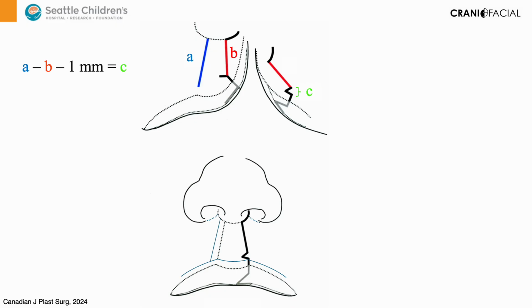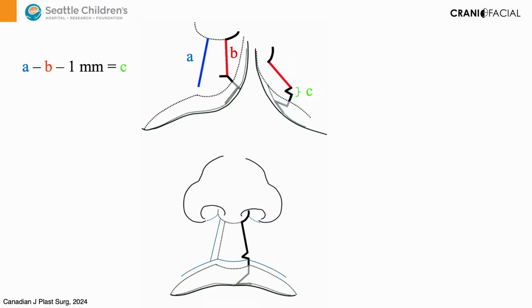A is the height of the philtral column on the non-cleft side. B is the height of the philtral column on the cleft side. And I'll explain a little bit further later, but that height B is usually measured with gentle downward traction on the lip. C is the base width of the triangle that's needed to augment the medial lip height.